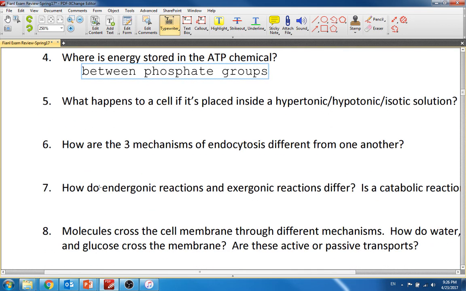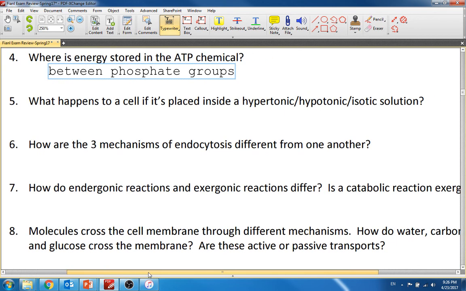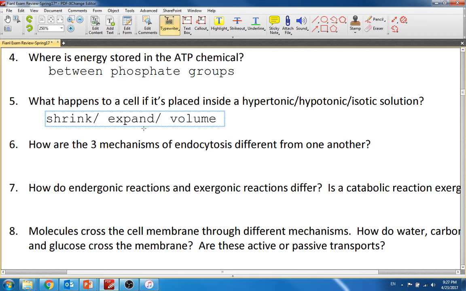Number 5, what happens to a cell if it's placed inside a hypertonic, hypotonic, or isotonic solution? Well, this depends on the type of the cell. If it's a plant cell in a hypertonic solution, this is when the environment has more salt or more solute. So think about salt, right?